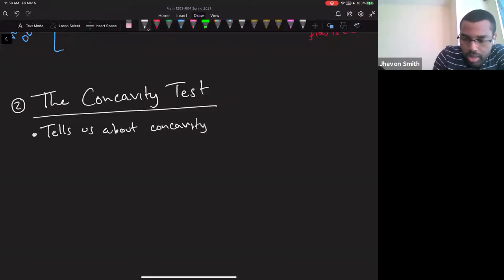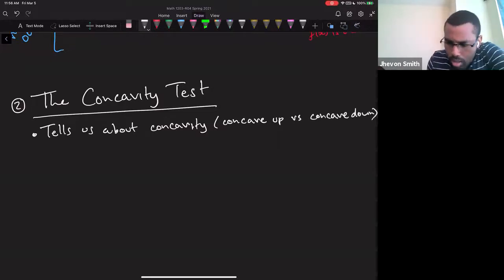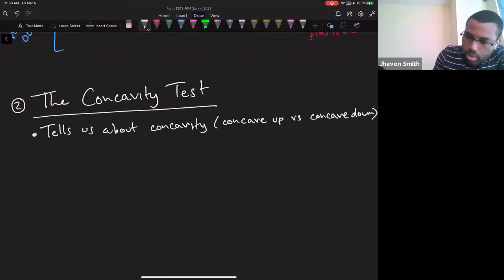Tells us about concavity, concave up versus concave down. And inflections, if any.